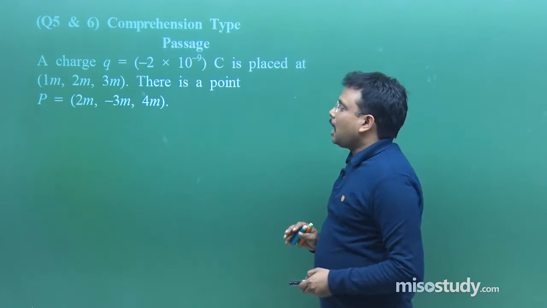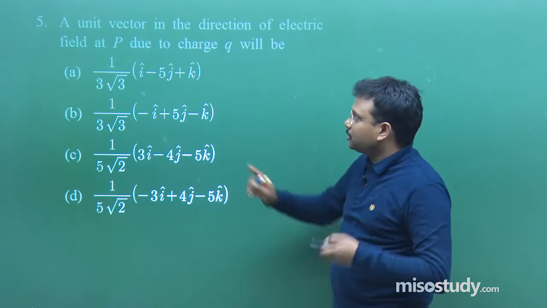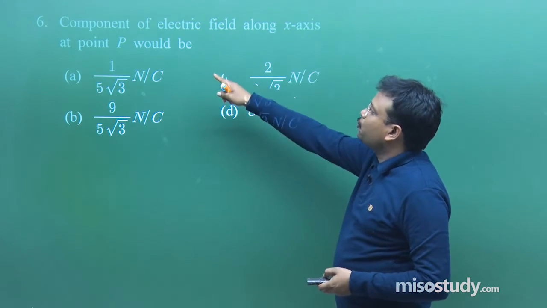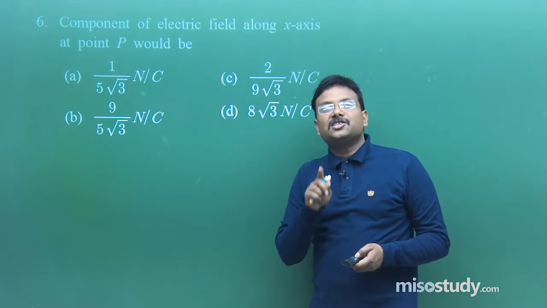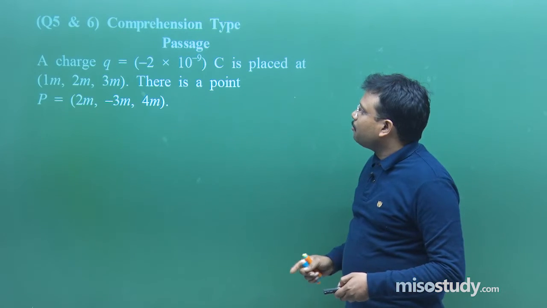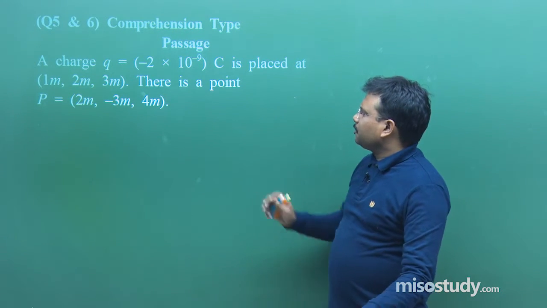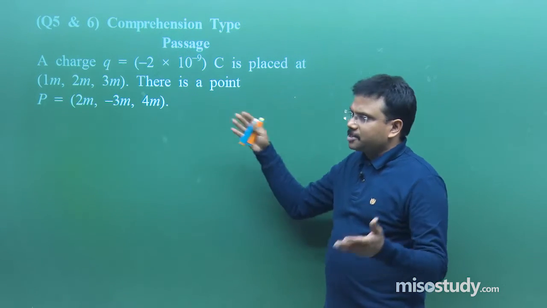Fine. After that, this is your question based upon that information, that is question number 5. And after that there is one more question, that is question number 6. So both these questions are based upon this small information. I think the situation is so simple that I need not show you this information again and again.